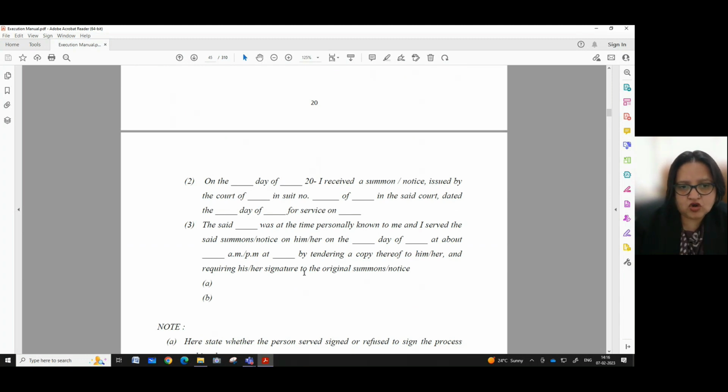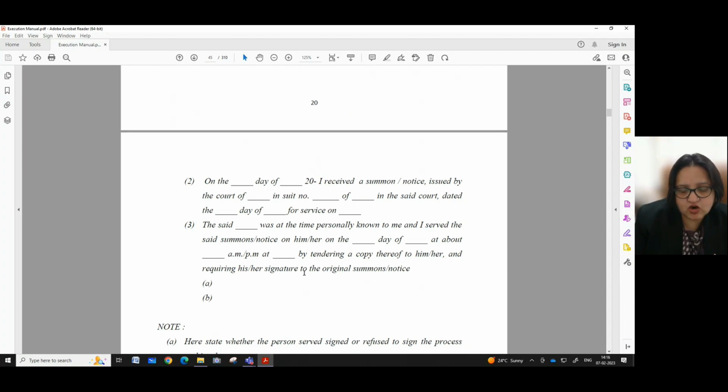Para number 2: on the dash day, the day when he received the summons, I received a summons or notice issued by the court, from the court where he had received the summons in suit number dash, the particulars of the suit in which he was given the summons in the said court, dated the dash day of dash, for the service on the day on which the service is to be effected. The said dash was at the time personally known to me.